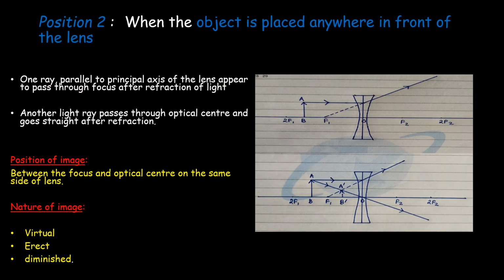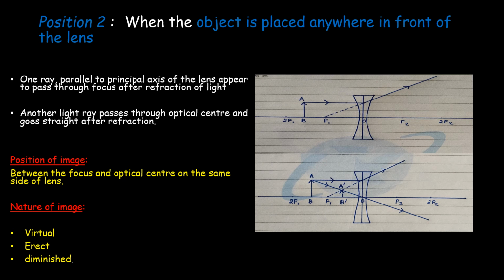Position 2, when the object is placed anywhere in front of the lens. So one ray will be parallel to the principal axis. After refraction, it will be a divergent ray. If you produce it backward, it will appear to go through the focus. Another ray will pass through the optical center and it will remain undeviated.